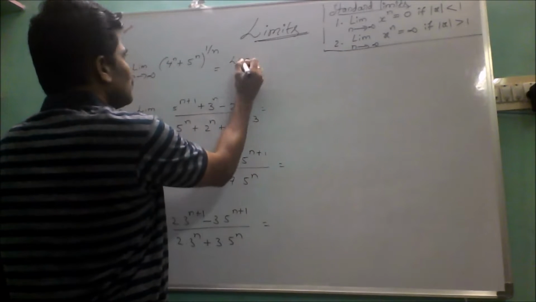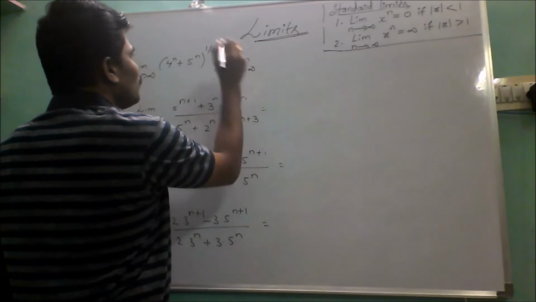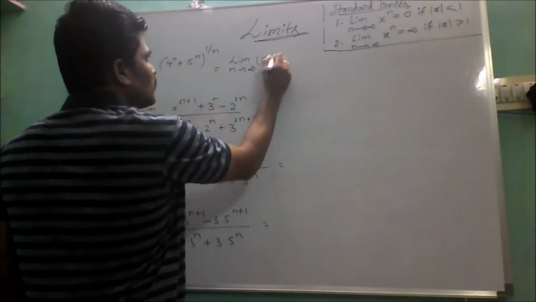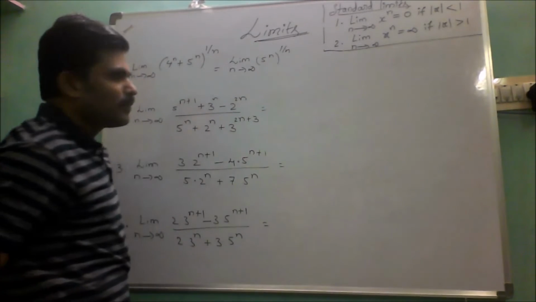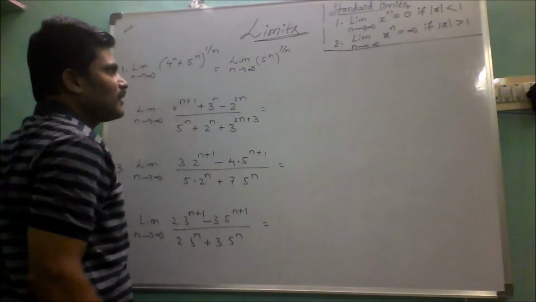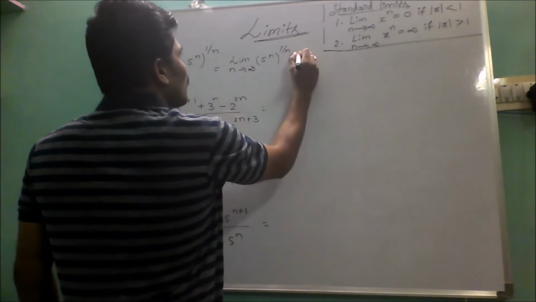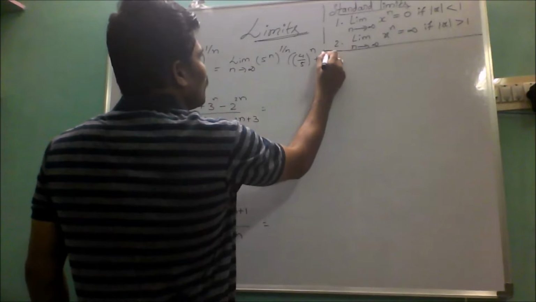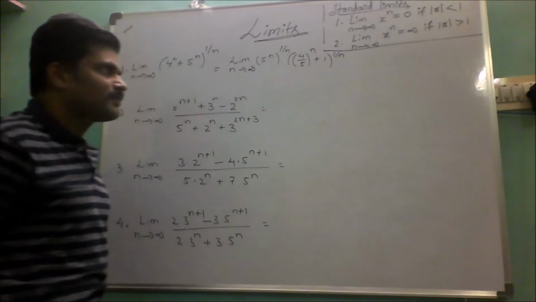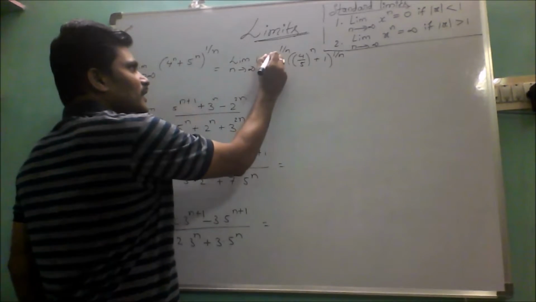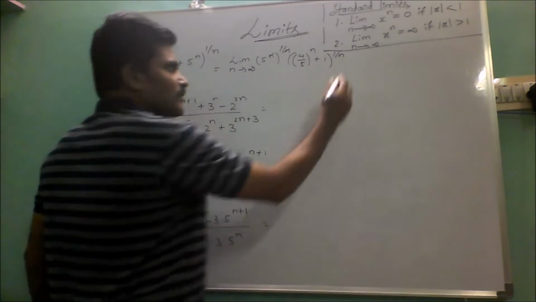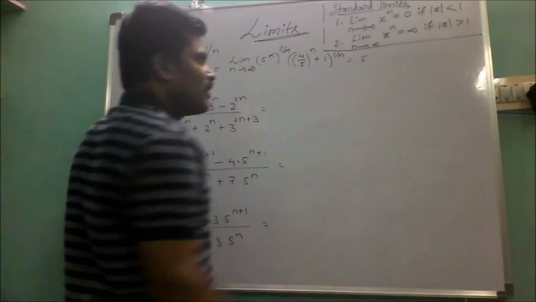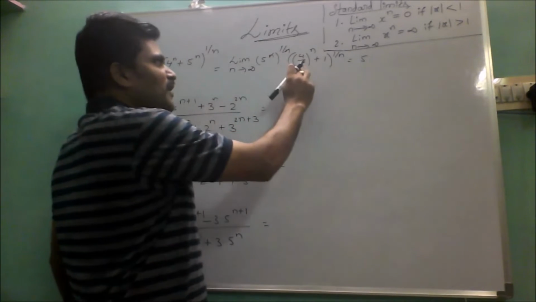Then the limit is converted into 5 power n common, written as (5 power n) whole power 1 by n into ((4 by 5) whole power n plus 1) whole power 1 by n. So the n cancels, and that value goes to 5 power 1, that means 5.